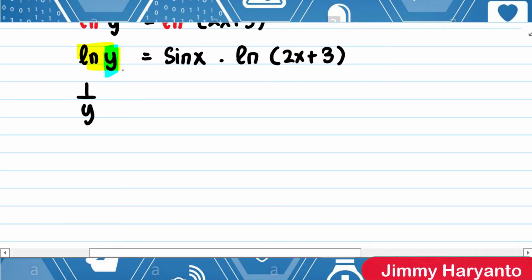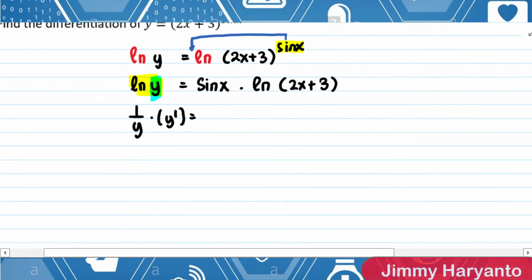So we have that inner function. The inner function has to be differentiated, multiplied by the differentiation of the inner function, y, which means y prime. So the differentiation of ln y is 1 over y times y prime.